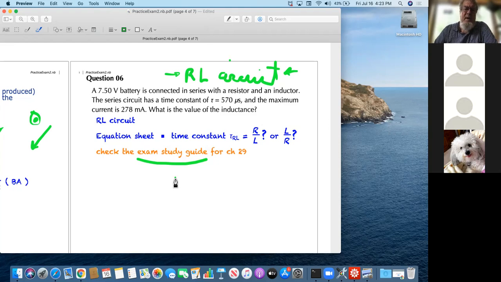What you remember is that the voltage across an inductor is L di/dt. That's the voltage difference between the ends of an inductor. And for a resistor, it's Ri.